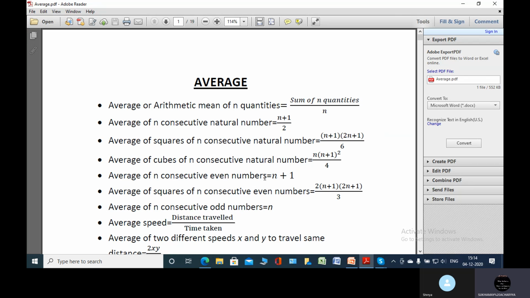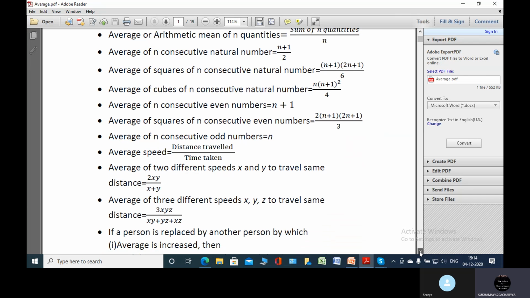The average of n consecutive even numbers is equal to n plus 1. The average of squares of n consecutive even numbers is equal to 2 into n plus 1 into 2n plus 1 by 3. The average of n consecutive odd numbers is equal to n. This is all for the averages of numbers.